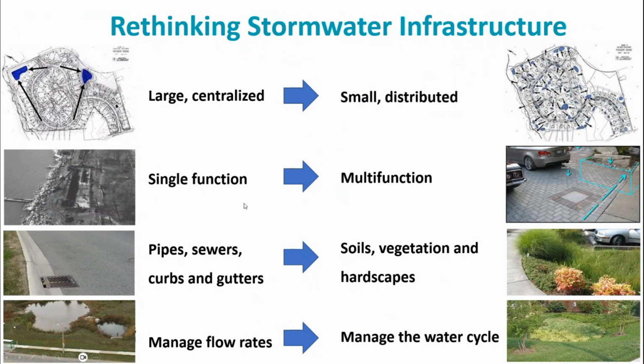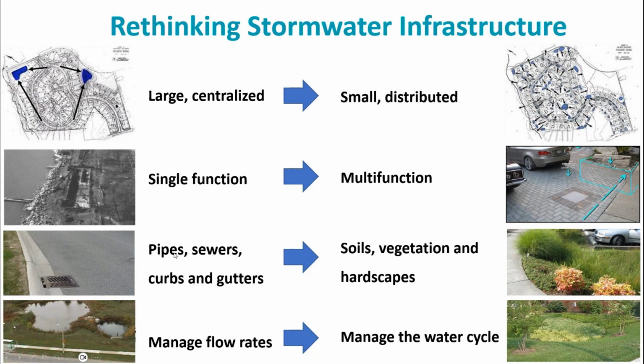You're moving from a single function, like having an underground cistern or outflowing to our lake systems, into a multifunction approach. You can now have a parking lot that also includes a stormwater planter with trees and vegetated systems that's also connected to an underground pipe system that also has permeable pavers included. So you can still have usable area.